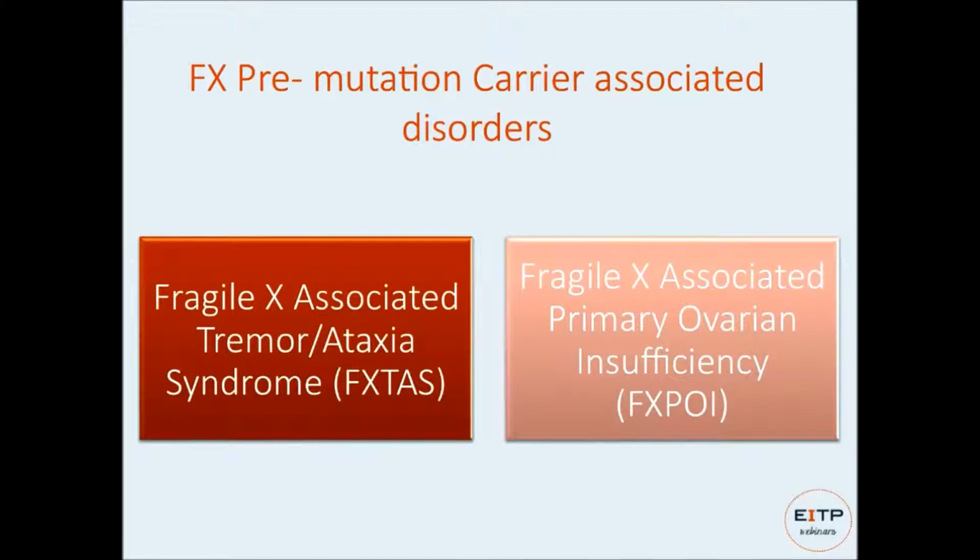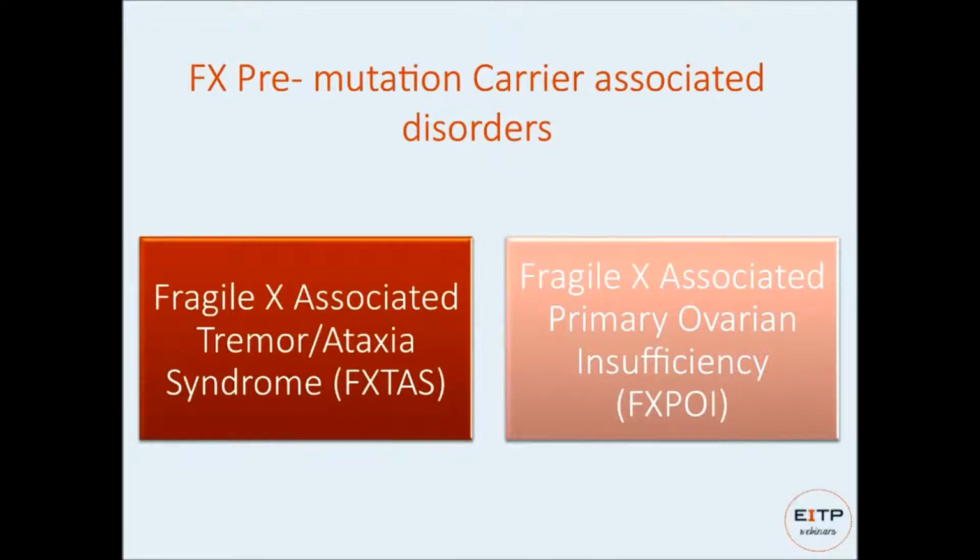However, when you talk about a carrier, you're really talking about the premutation state, that range of 55 to 199 technically.